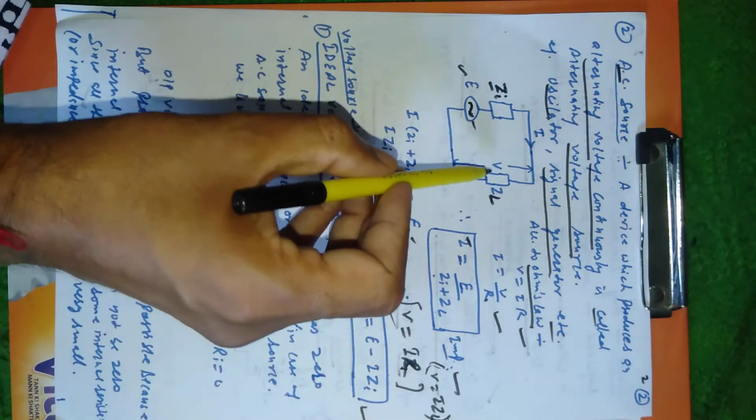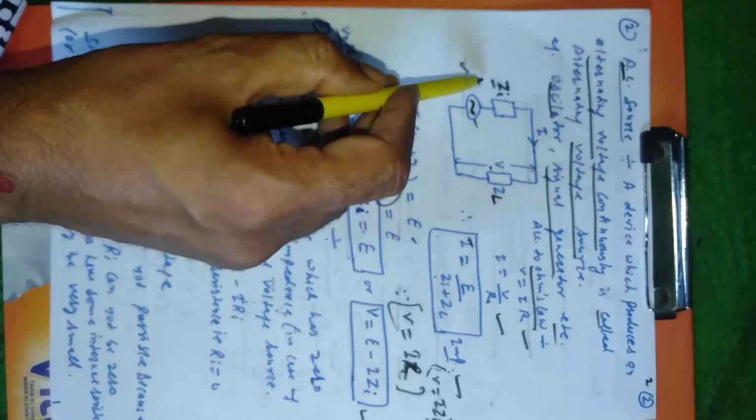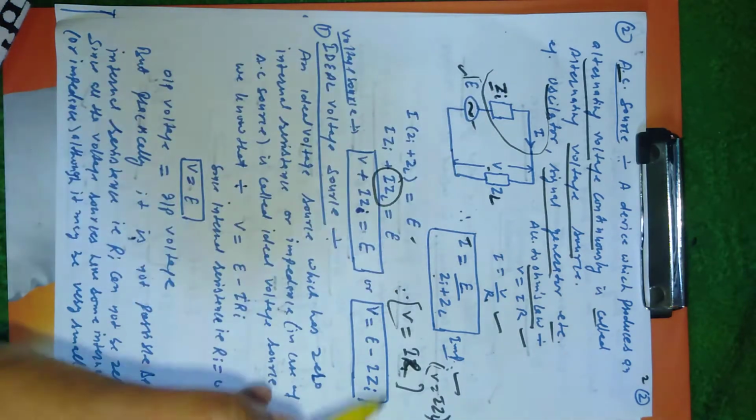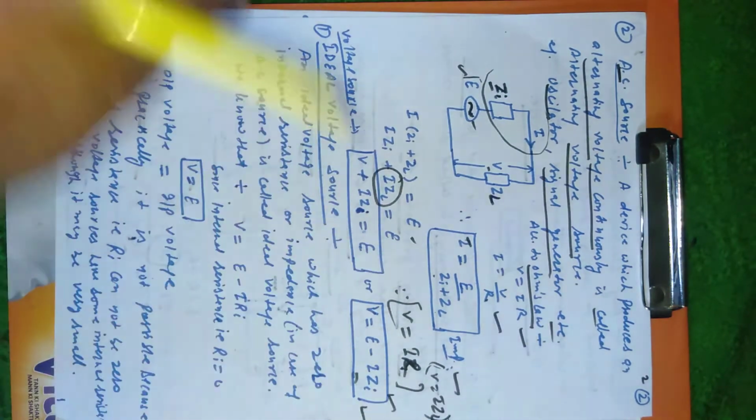You can say this output voltage is always the input voltage minus the drop, this is the drop I Zi, this is the output voltage.